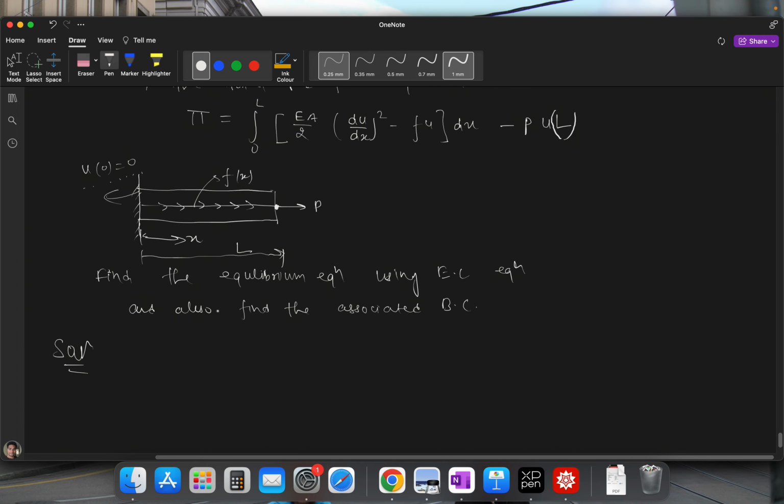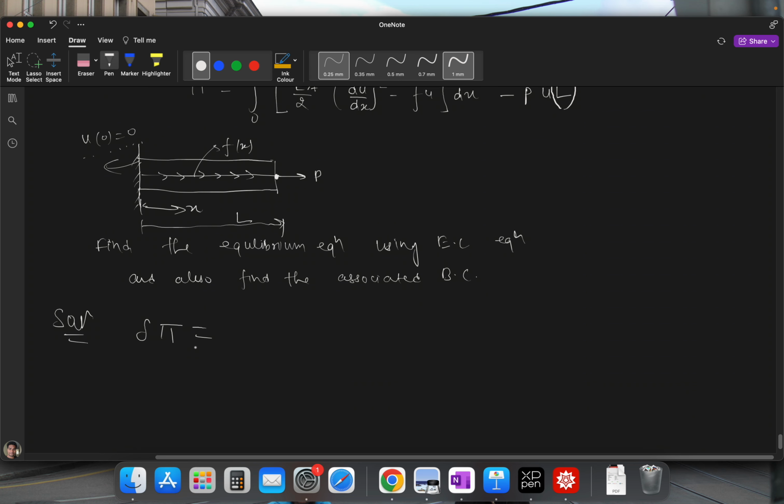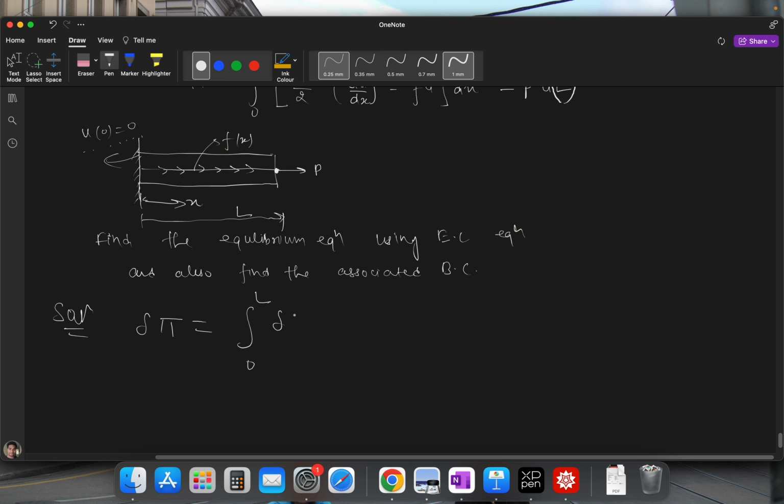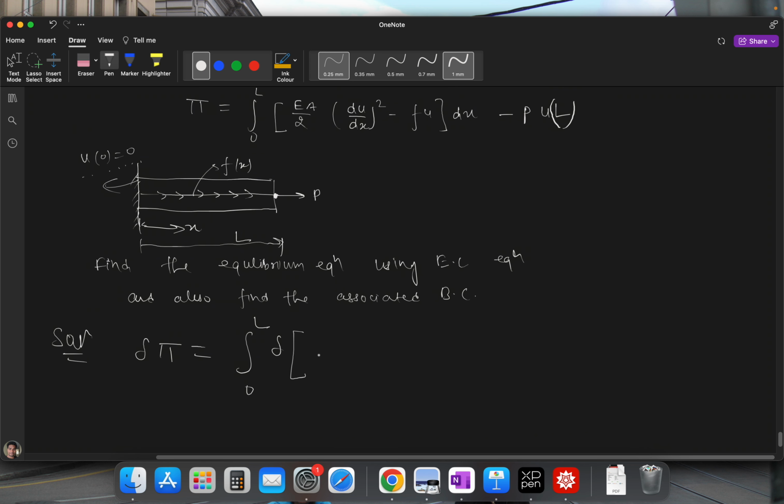When you take the variation of pi, then what it should be? Del pi equal to integral from 0 to L, okay? And that will be del of what I can write here? Can you tell me? Minus p du by dx. Here what I can write?